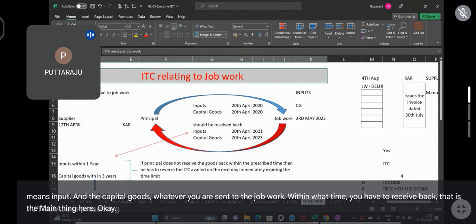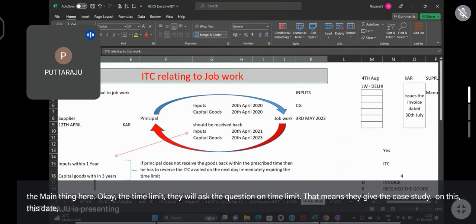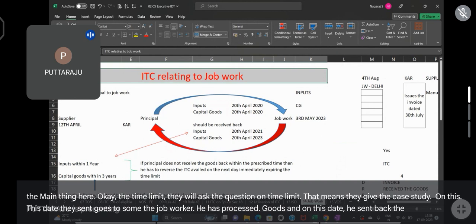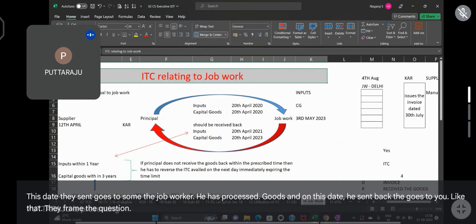Okay, they will ask the question on the time limit. That means they give a case study: on this date, they sent goods to the job worker. He has processed the goods, and on this date, he sent back the goods to you. Like that, they frame the question. You have to see when it has been sent and when you are receiving back.